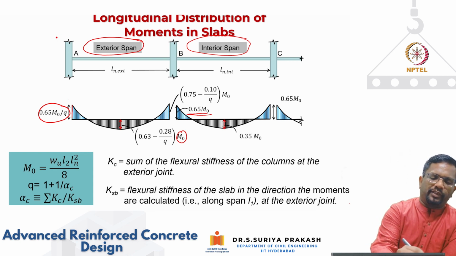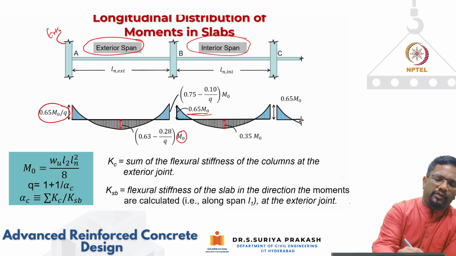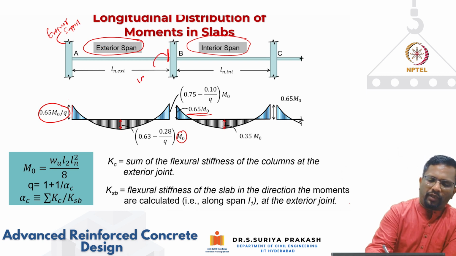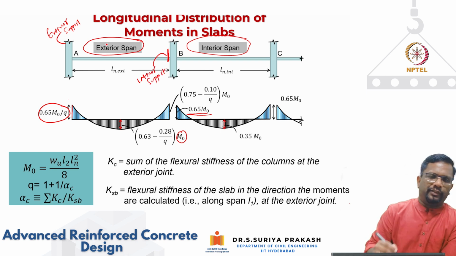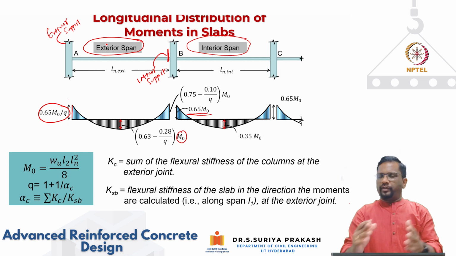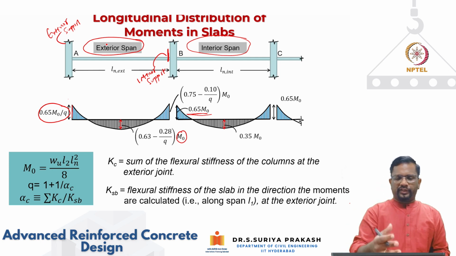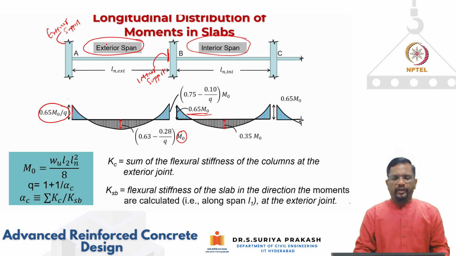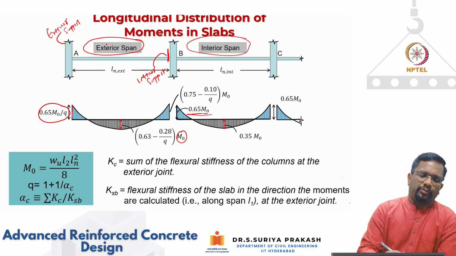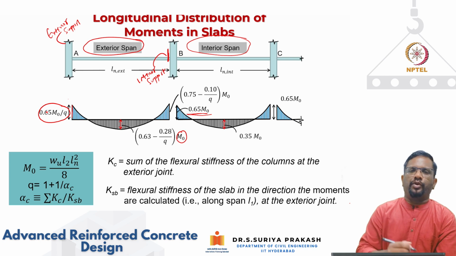So the exterior span has both an exterior support and an interior support. The interior span has supports at both ends which are inside, called interior supports. Now what is the distribution of the moments? At the exterior support, the correct design method asks you to take 0.65 M naught by Q.